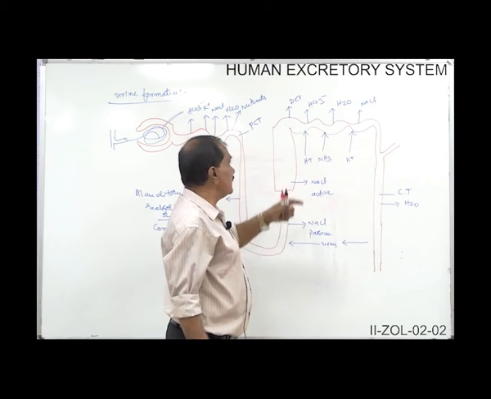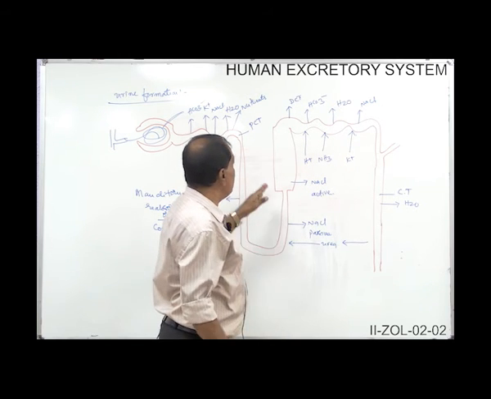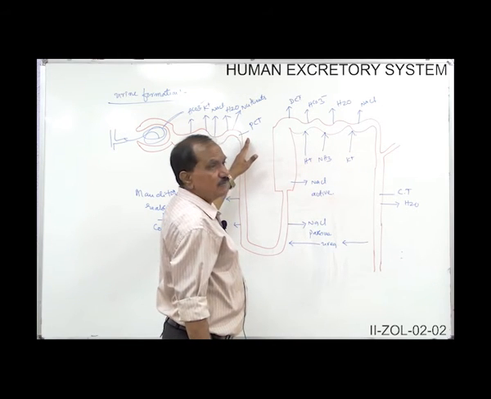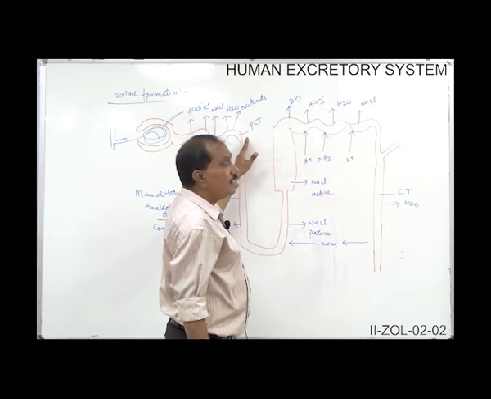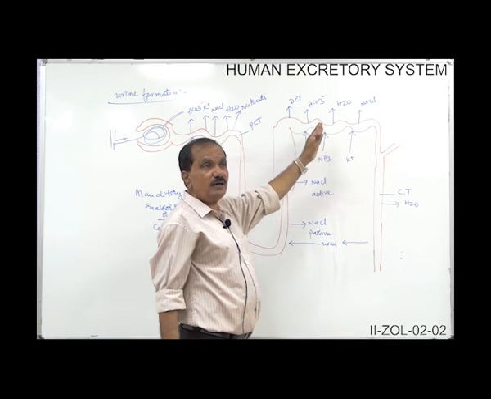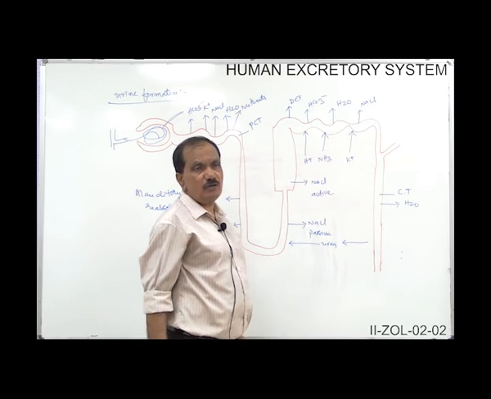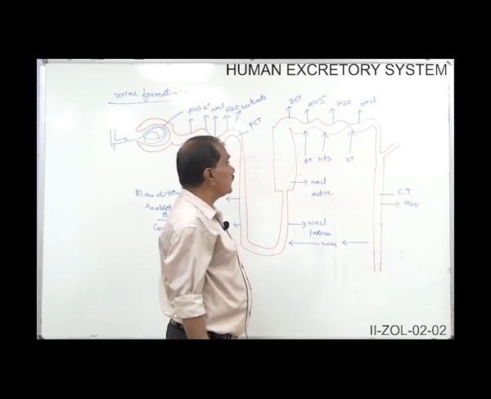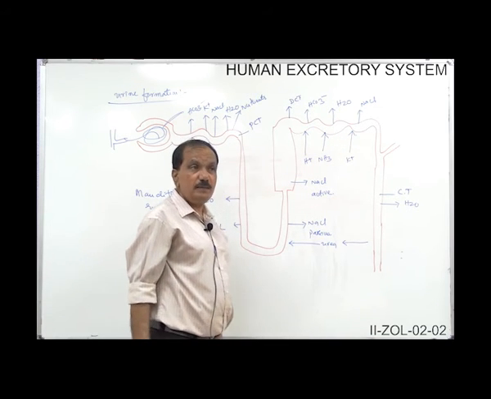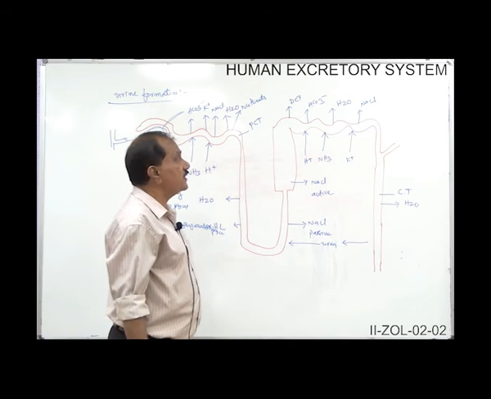So the distal convoluted tubule is similar to the proximal convoluted tubule, but here the potassium ion is not absorbed, but it is secreted. You have to mind that here. So the potassium ion will be secreted but not reabsorbed.